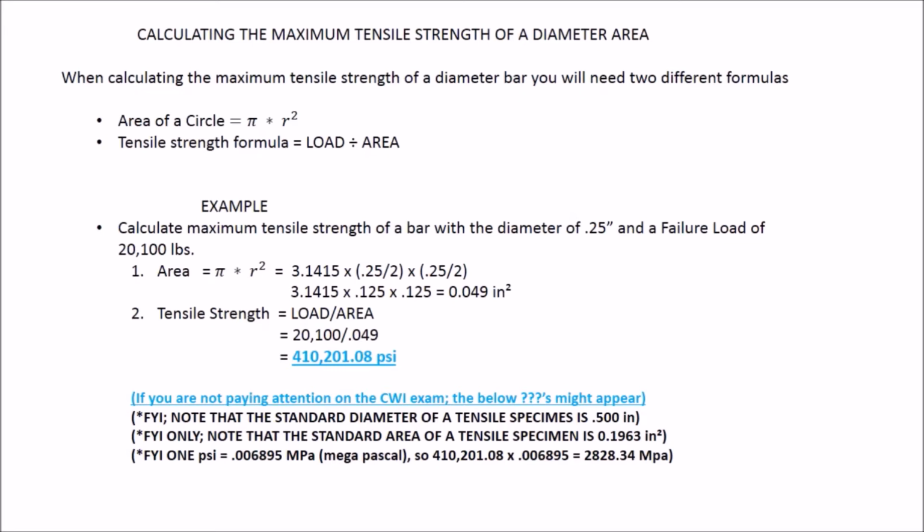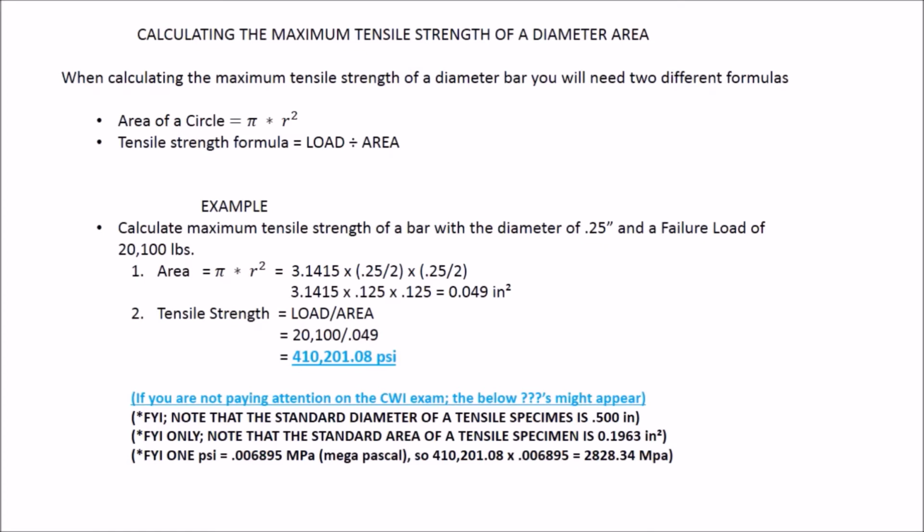So first we're going to find the area, which is pi times radius squared. So pi is 3.1415 times the radius, which is 0.25 divided by 2, times 0.25 divided by 2, which equals, next you go 3.1415 times 0.125 times 0.125 equals 0.049 inches squared.